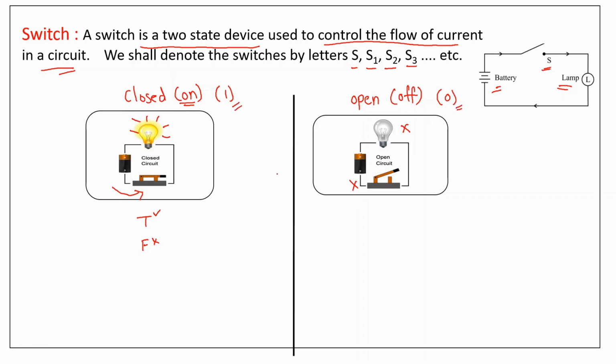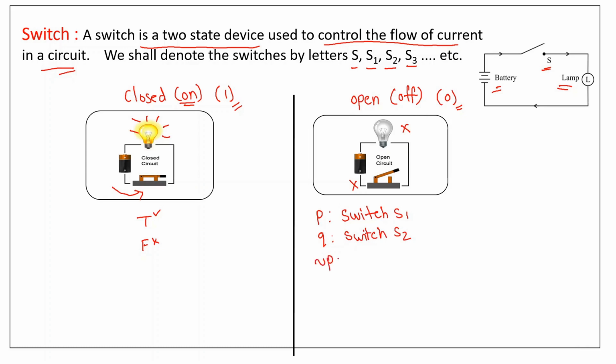Now we learned that statements are denoted by P, Q, R. So P we represent by switch S1, Q we use for switch S2, and so on. R will be switch S3.